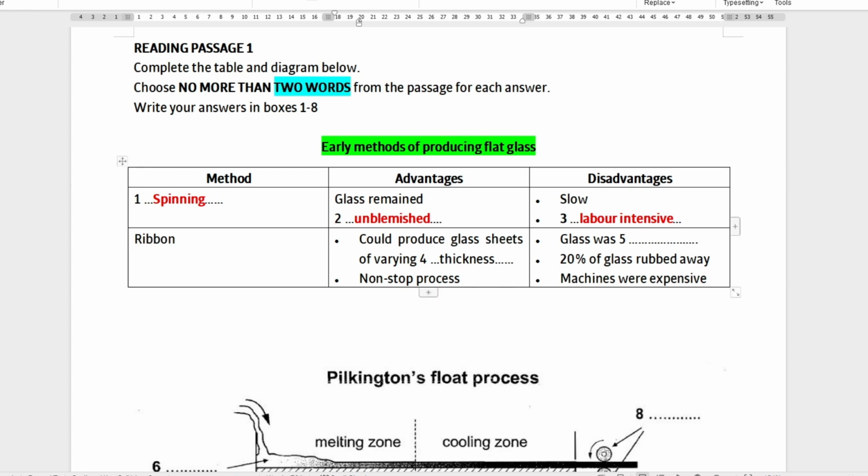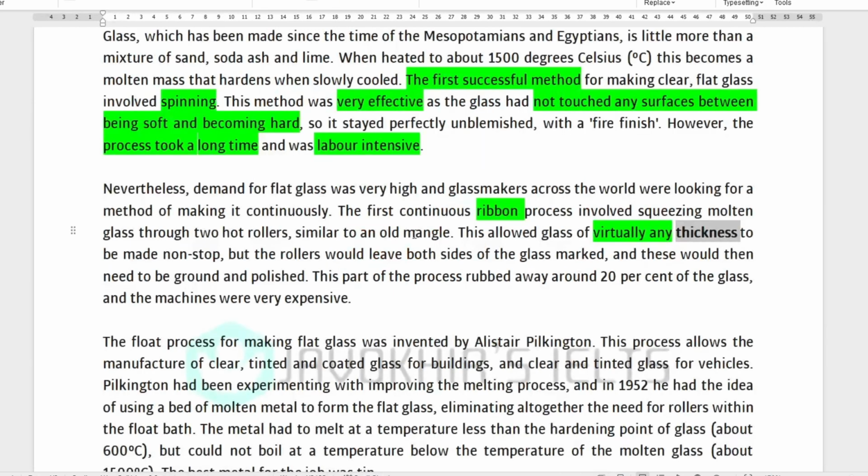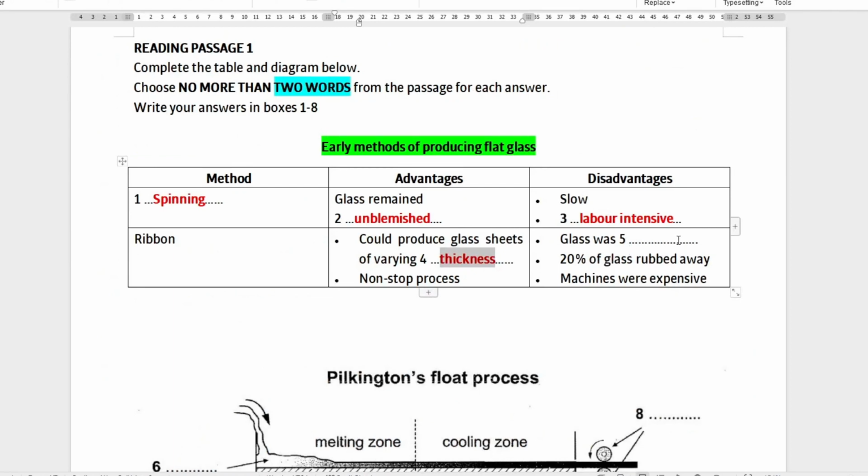Is that how it's spelled? Right, that is how it's spelled. We're going to take that as well. A non-stop process, made non-stop, but the rollers would leave both sides of the glass marked. Yes, it was marked.